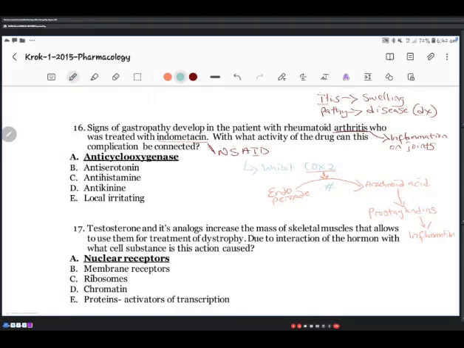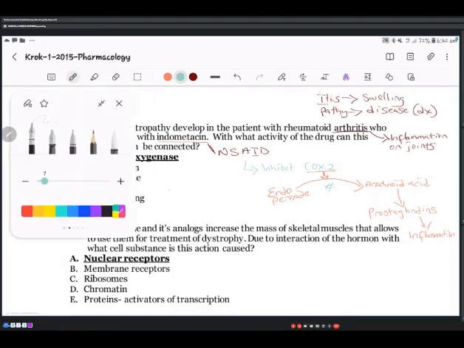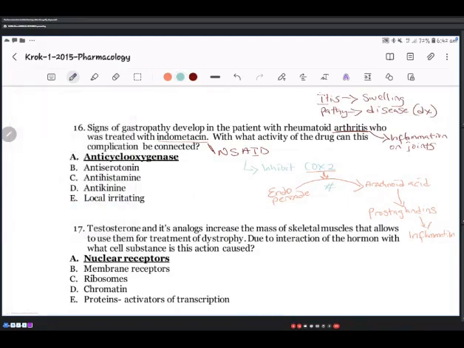Or in case you don't see this, that's why I wrote COX-2 here, so you take notes. In case you see option F, COX-1, option G, COX-2.